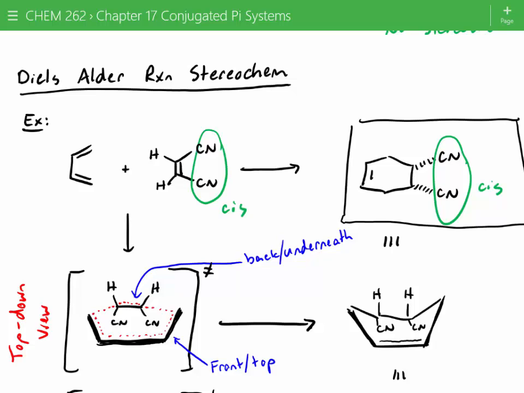So most of the examples in the books will have some sort of carbonyl group or a cyano group or something that is electron withdrawing. And what this does is it lowers the activation energy and allows this reaction to occur much more easily than if you had an electron donating group or even no electron withdrawing groups on there. Does that make sense so far?